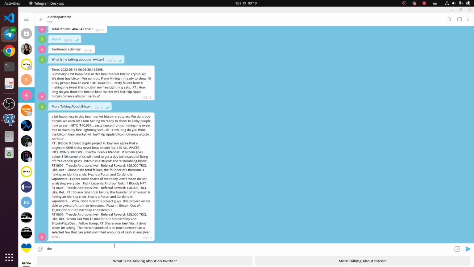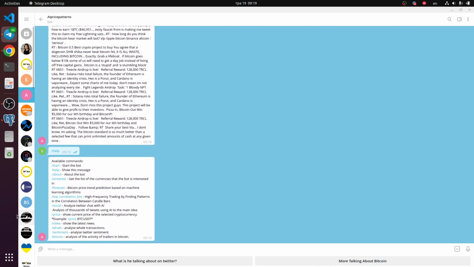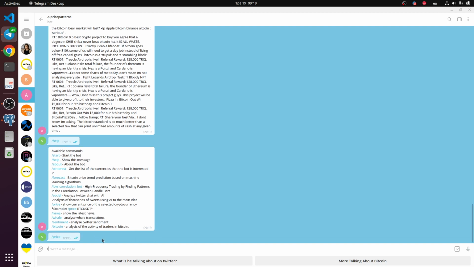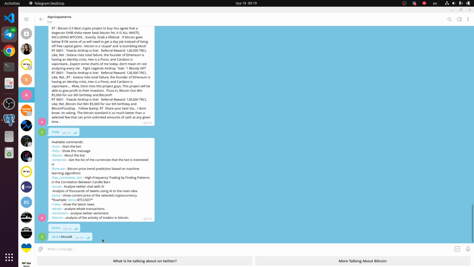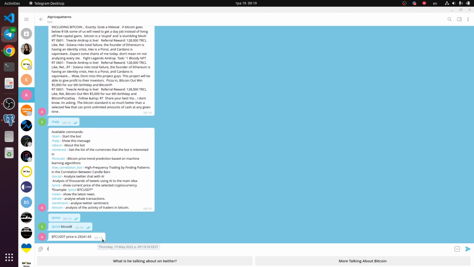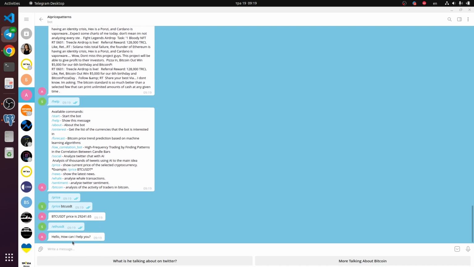Let's look at another command. For example, price. Okay, what is price? For example, price BTC USDT. This is the current price, or let's look at Ethereum. Okay, this is maybe wrong, because I forgot the price command.